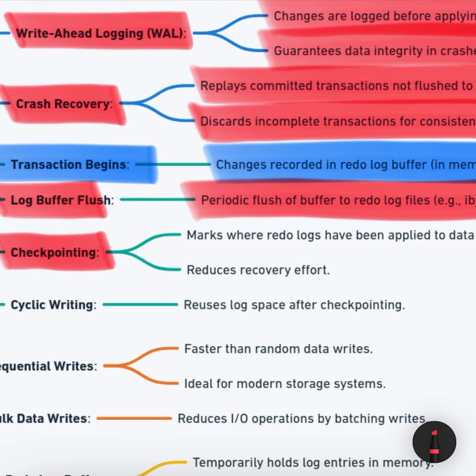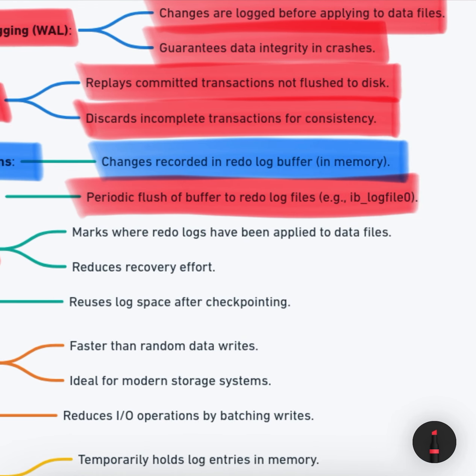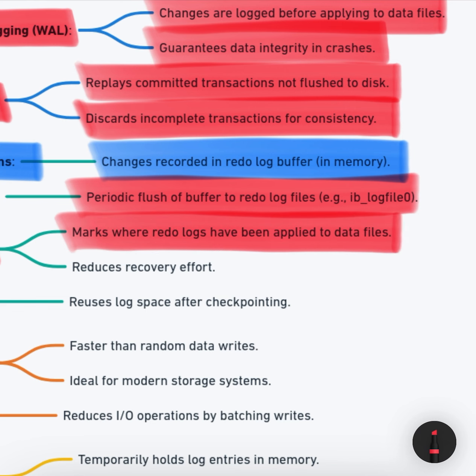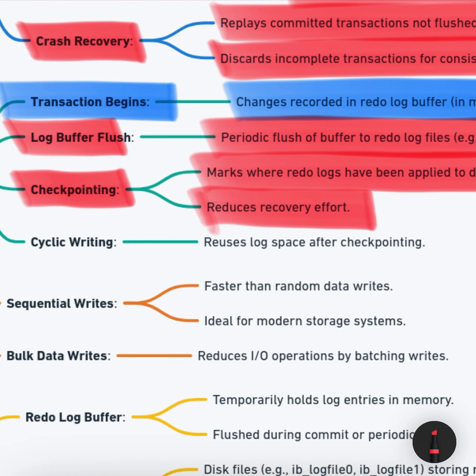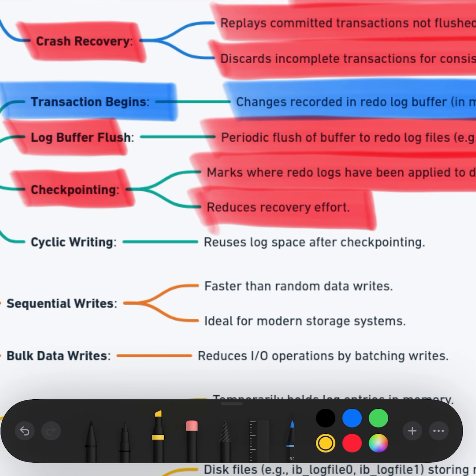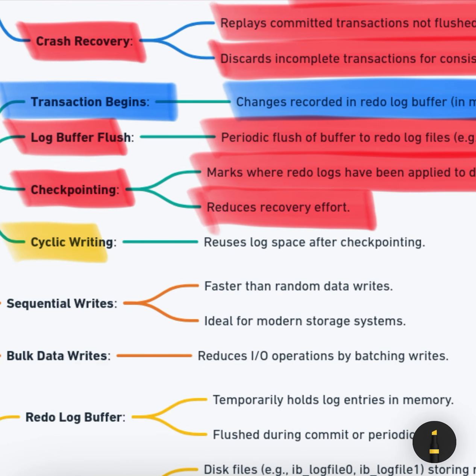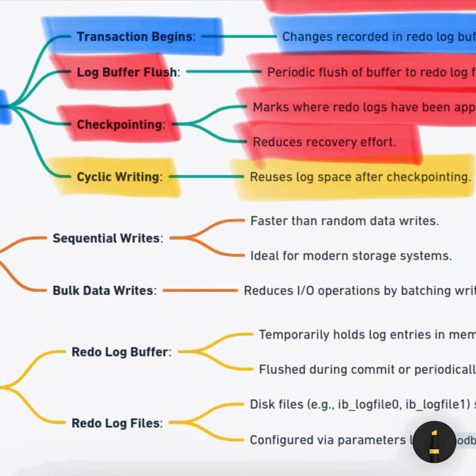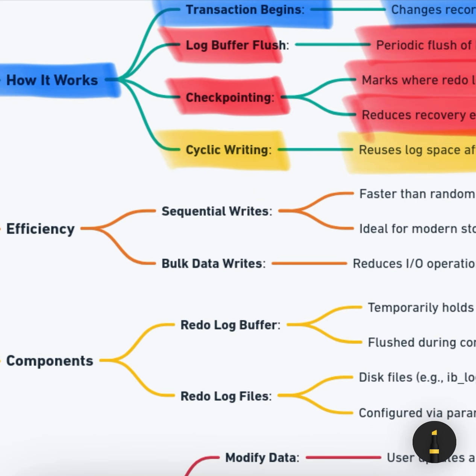Checkpointing. InnoDB marks a point in the redo logs where all changes have been applied to the data files. This reduces recovery time during crashes. 4. Cyclic writing. Redo logs are written cyclically. When the end of a log file is reached, writing resumes at the beginning after clearing old data already applied to the database.